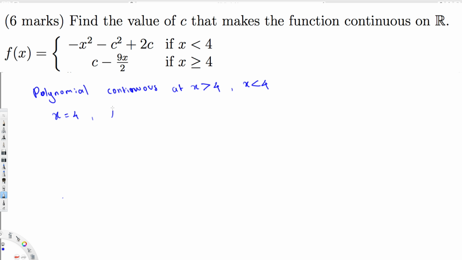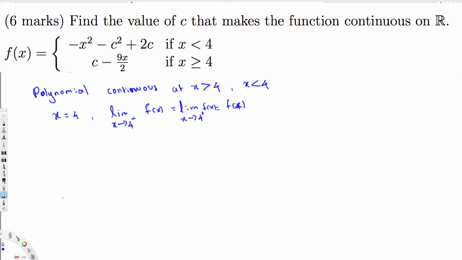The limit of f of x as x approaches 4 from the left hand side should be equal to the limit as x approaches 4 from the right hand side, and f of 4.